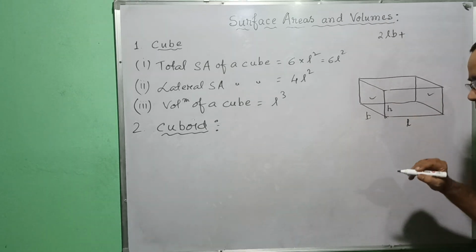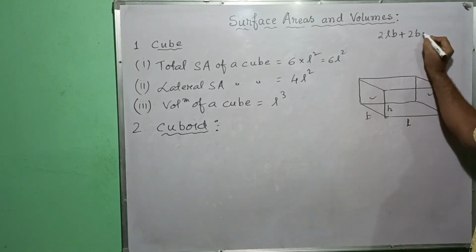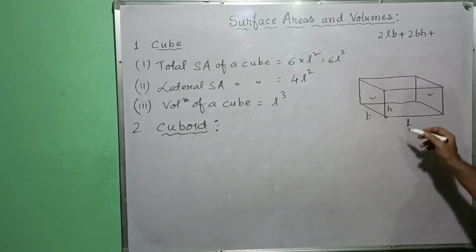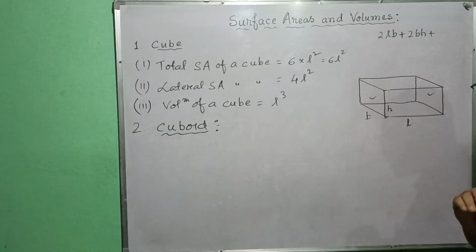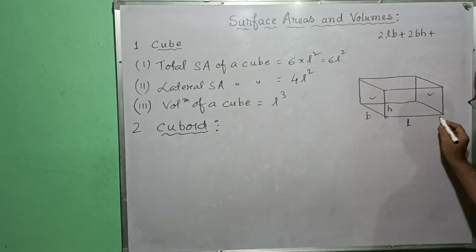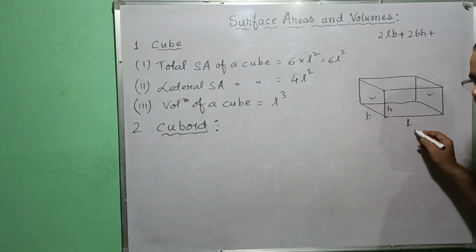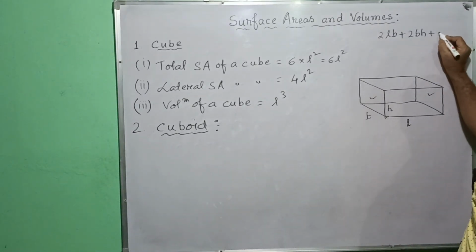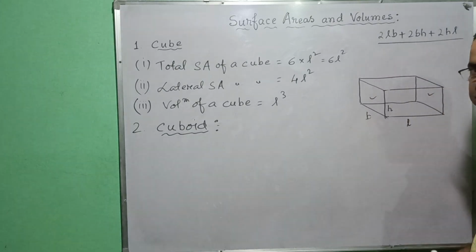It is B into H, and a similar another face is there, so we can write 2BH plus two more faces are there. This is the front face. What are the dimensions involved? Here length is involved and height is involved. So it is H into L. So two identical shapes are there. So we can write 2HL. So these are the total surface area.